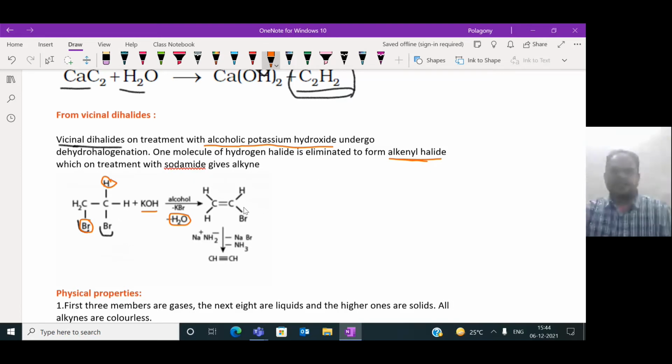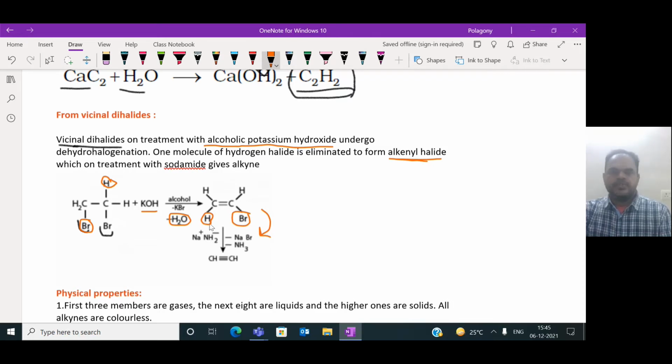Once again, this compound is subjected to an elimination process in the presence of potassium hydroxide, or you can use sodium amide. The sodium will abstract this bromine, whereas the amide will abstract the hydrogen.